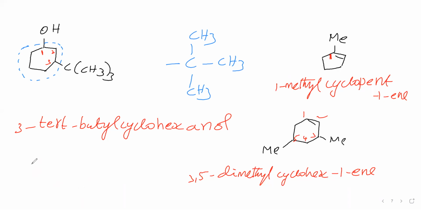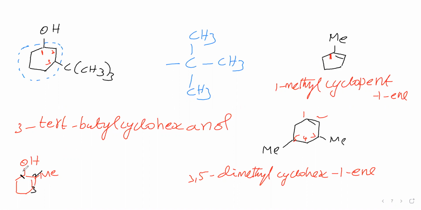Next compound we will take. OH, 6-member ring, here pi bond, here methyl. Now how to give numbering here we will see. Number 1 here, because alcohol is the main functional group. Number 2 here, number 3 here.